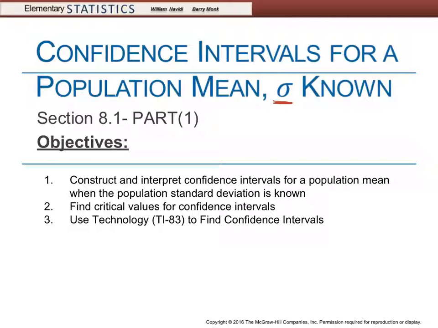This is important, known. So our objectives are to construct and interpret a confidence interval for a population mean when the population standard deviation is known, find the critical values for the confidence interval, and then we're going to use technology to find the confidence intervals.